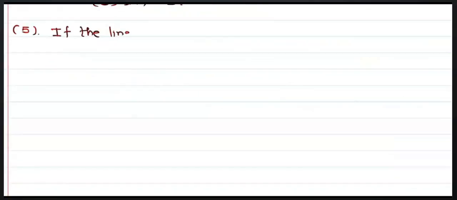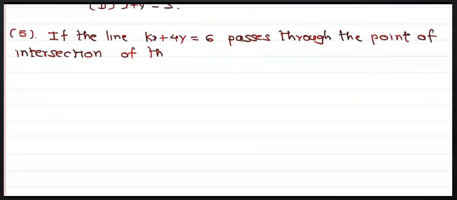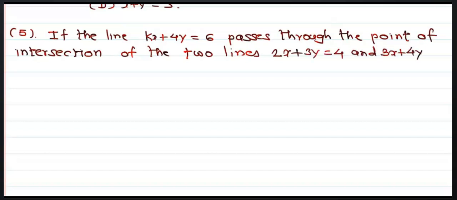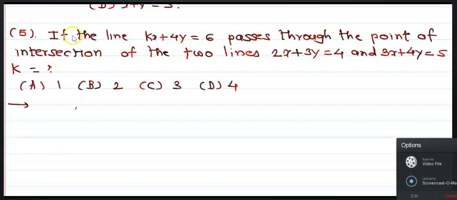The 5. If the line kx plus 4y is equal to 6 passes through the point of intersection of the two lines 2x plus 3y is equal to 4 and 3x plus 4y is equal to 5, then what is the value of k? The problem is very simple.